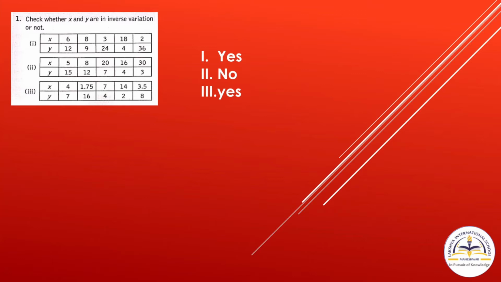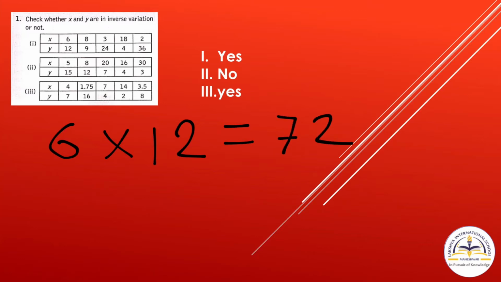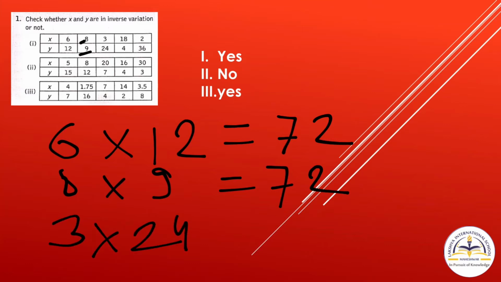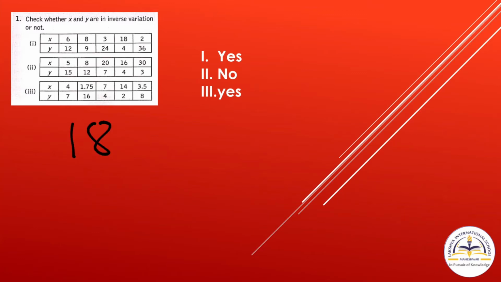The value of x is 6 and the value of y is 12. What is the multiplication of 6 and 12? That is 72. Now 8 and 9: the multiplication is again 72. 3 and 24: 3 multiplied by 24 is 72. 18 multiplied by 4 is again 72.